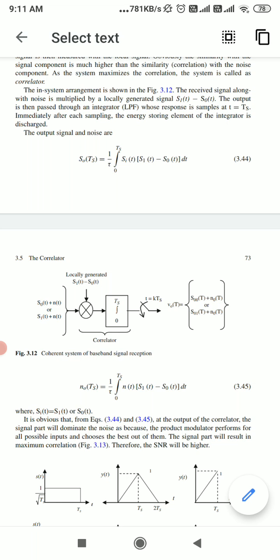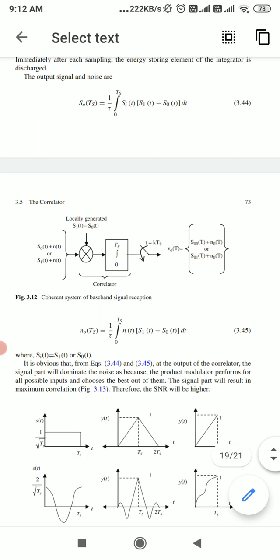But for the matched filter, you will get S0 of t equal to 2k upon N0 integration 0 to Ts Si of t S1 of t minus S0 of t dt, and you will get the noise signal, that is N0 of t.